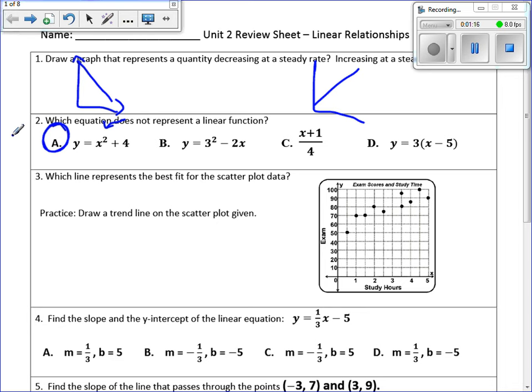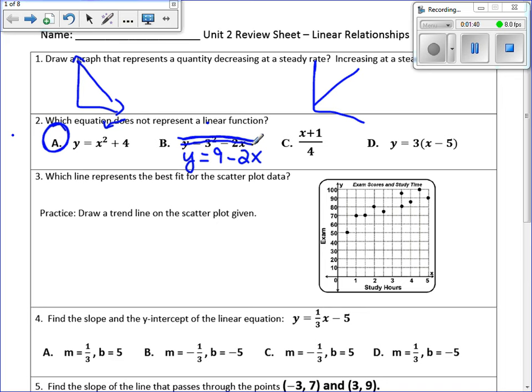In B, there is an exponent, but it's on the 3. 3 squared is just 9, so we can write this as y equals 9 minus 2x. Well, that's just a linear function. So definitely not B.